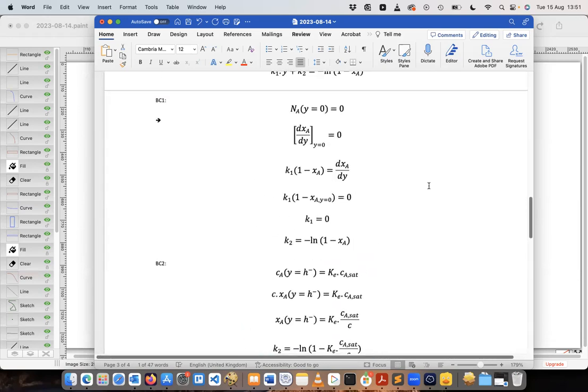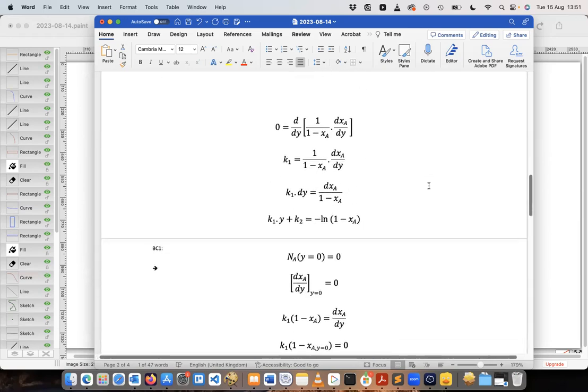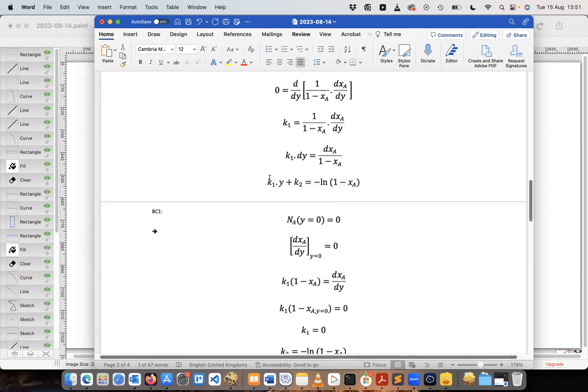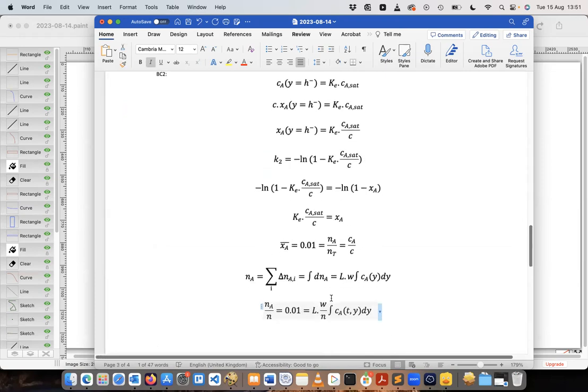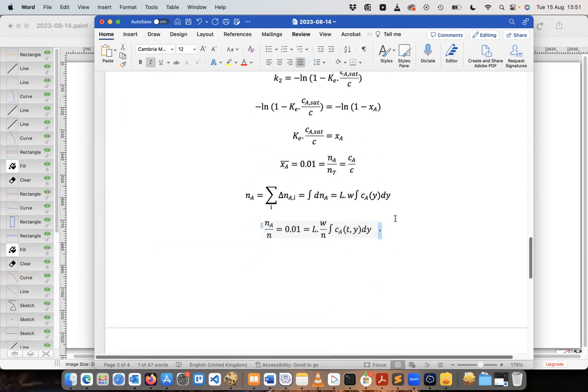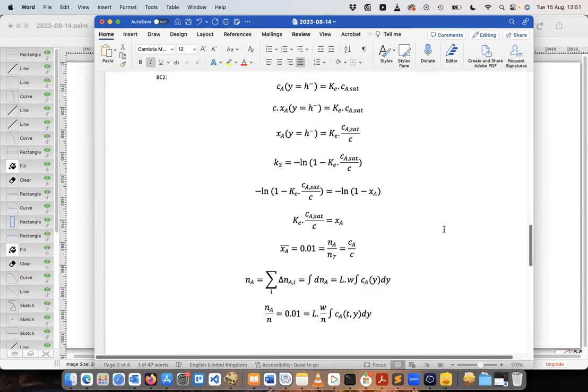So far, we have introduced this idea of using our boundary conditions to find things like the constants of integration. So in the next step, we'll want to solve this differential equation. Here's where I'm not completely sure which way to go, because you haven't reached the maths that you need.